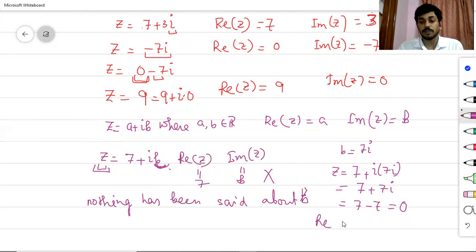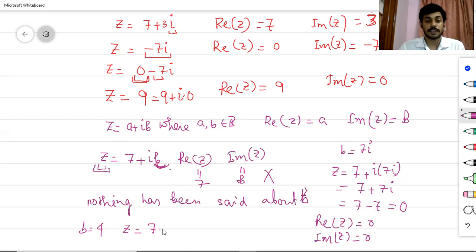So the real part of z will be 0 and the imaginary part of z also will be 0. But if you take b equals 4, then z equals 7 plus 4 iota, and the answer will be different, because the real part of z will be 7 and the imaginary part of z will be 4.